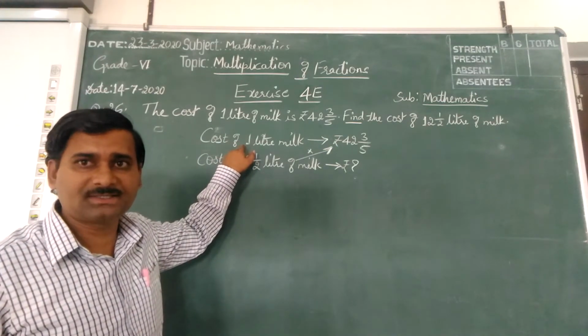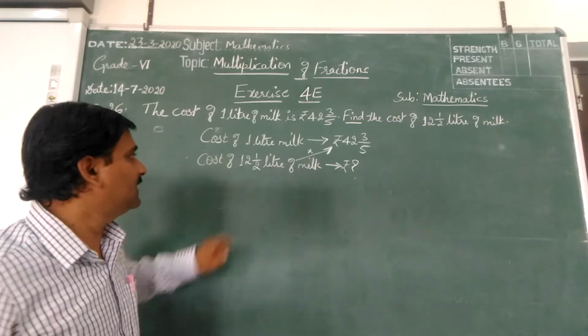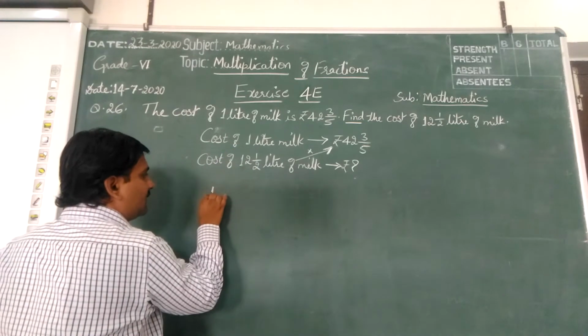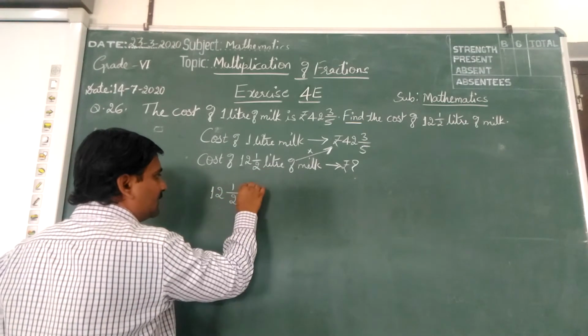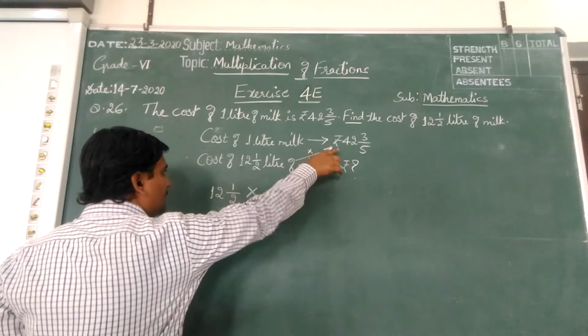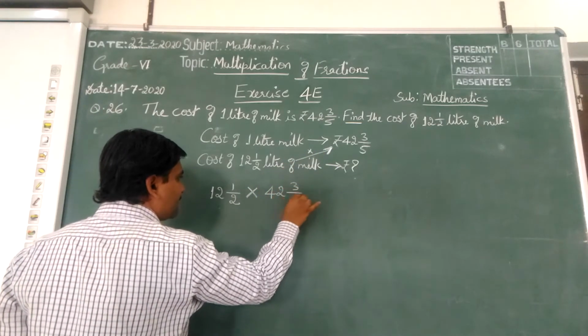Always we will do like this, right? Okay, let us start. 12 1/2 liter of milk into 42 3/5.